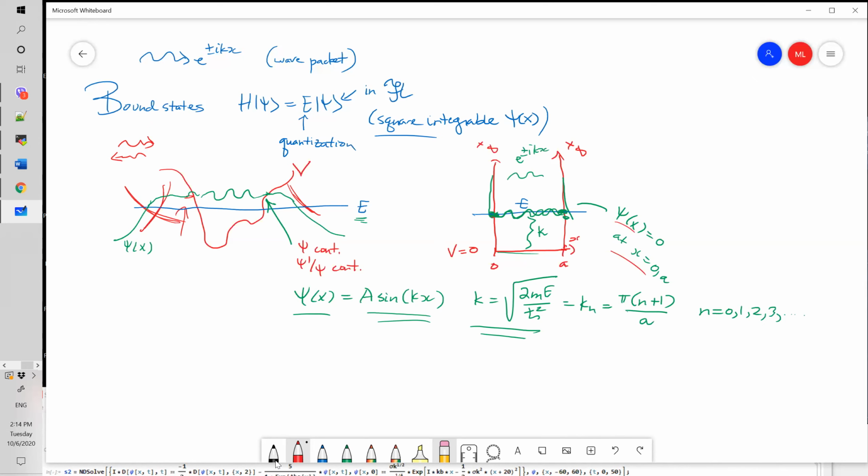And so remember that when we didn't have this constraint, we still found all the unknowns, A, B, and C. But this time we get even more constraints on the solutions. And this time, the constraint is on the possible energy values. So here for the infinite square well, you'll get constraints on the possible energy values, or equivalently a constraint on the possible k values.